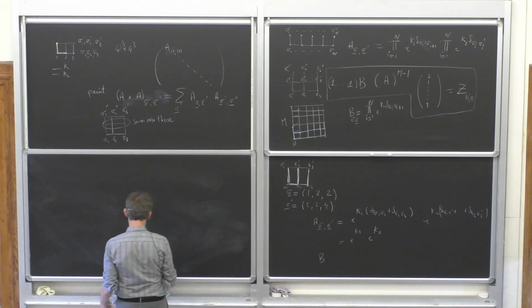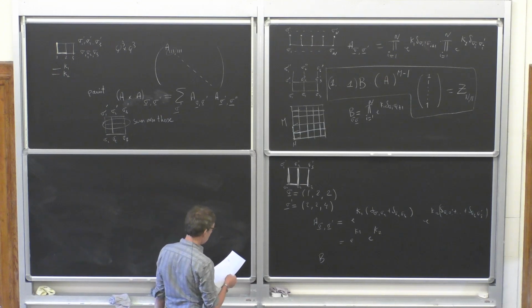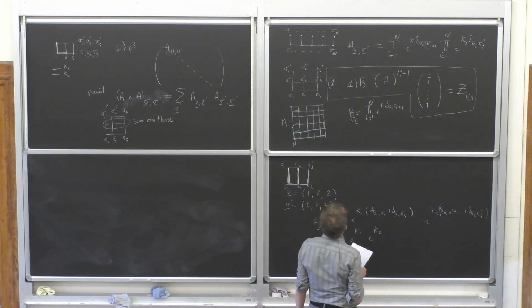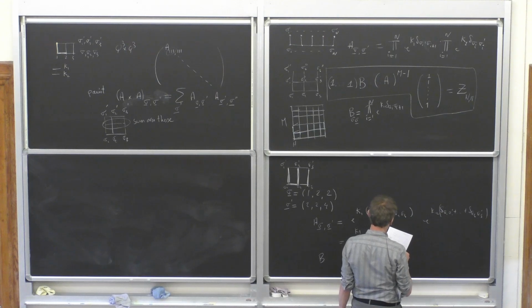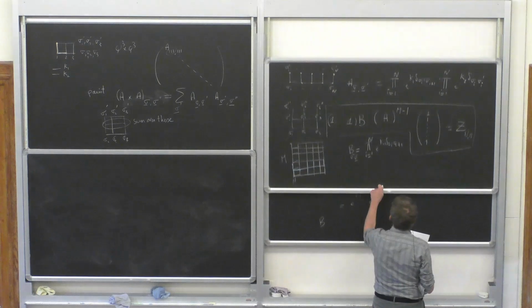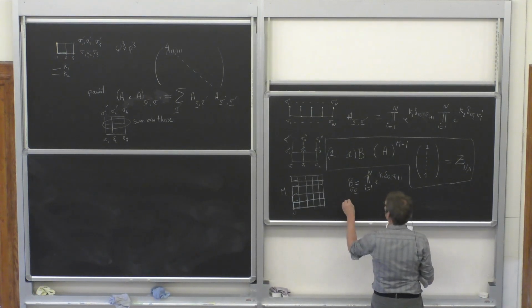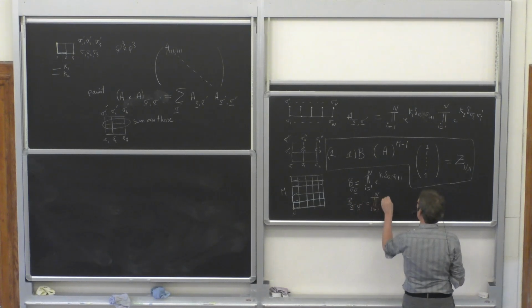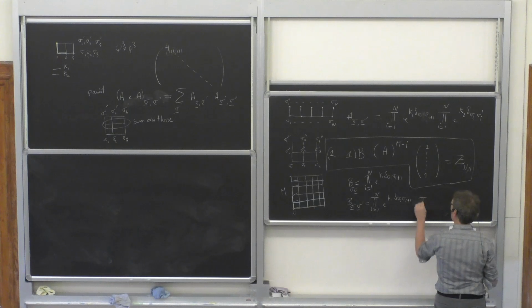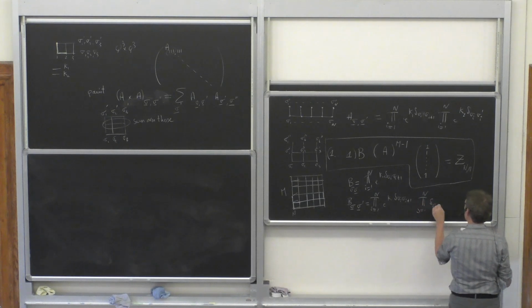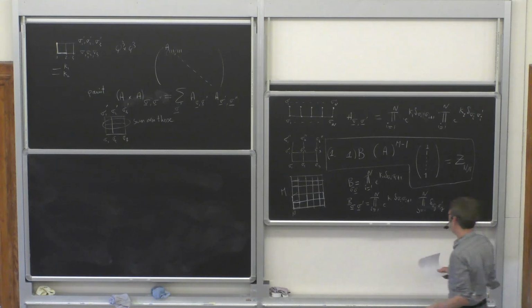First of all, I have my matrix B. Let's more generally introduce B sigma sigma prime as the product for i equals 1 to n of e to the k1 delta sigma i sigma i plus 1, times the product for j equals 1 to n of delta sigma j sigma prime j. Let me write it like this, it's the same thing.